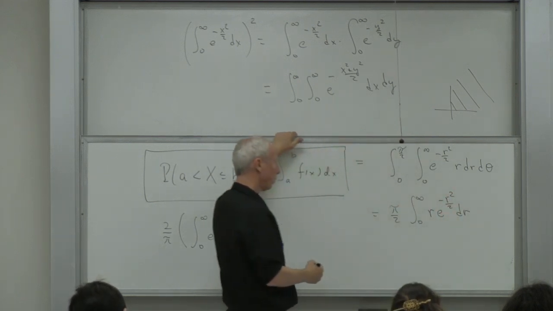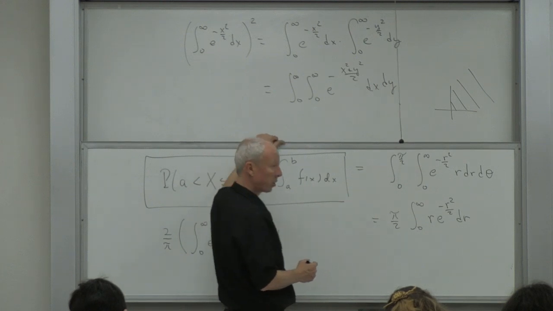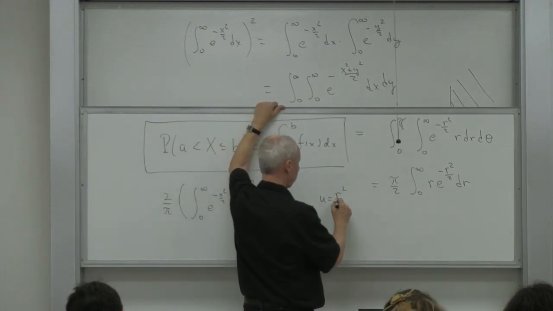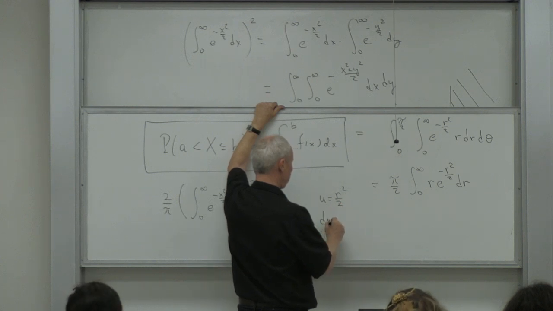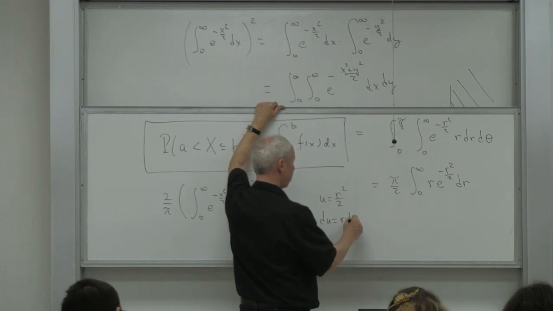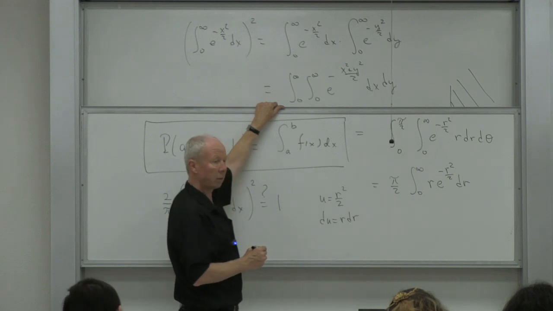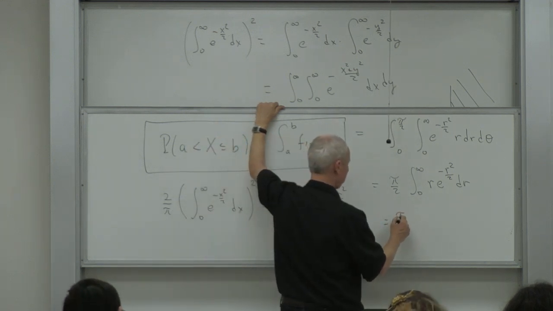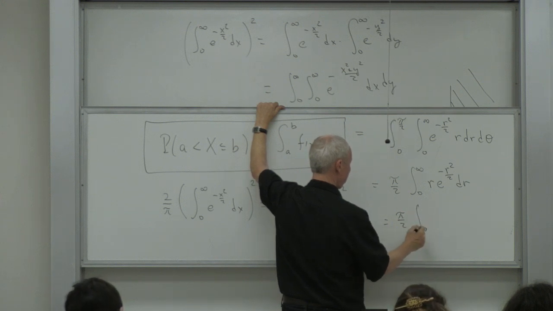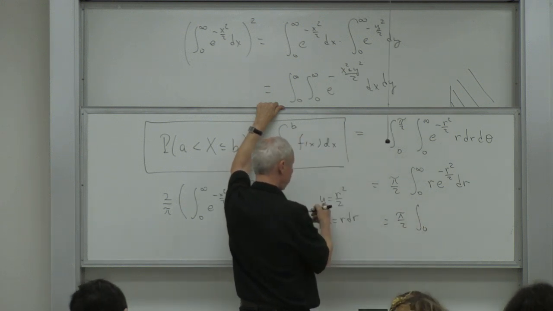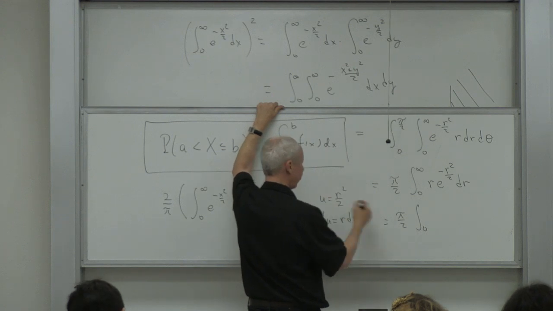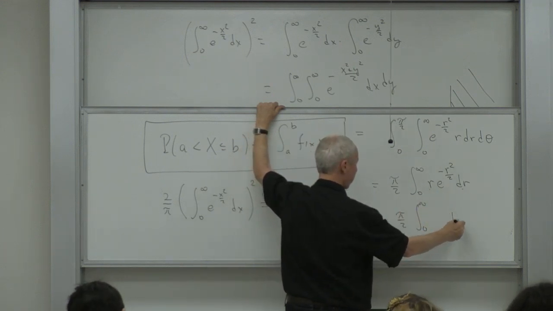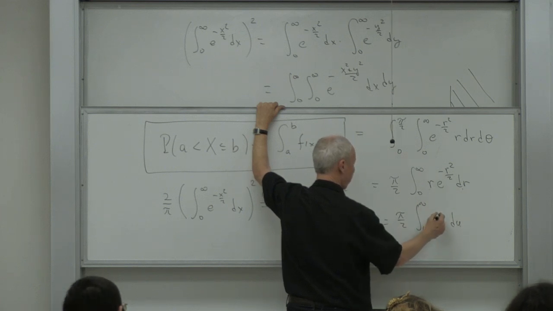And how can we do that integral? I think you do a substitution. U equal to r squared over 2. du would be r dr. So this becomes pi over 2 integral. What are the limits? When r is 0, u is 0. And when r is infinity, u is infinity. R dr becomes du. And here we get e to the minus u.